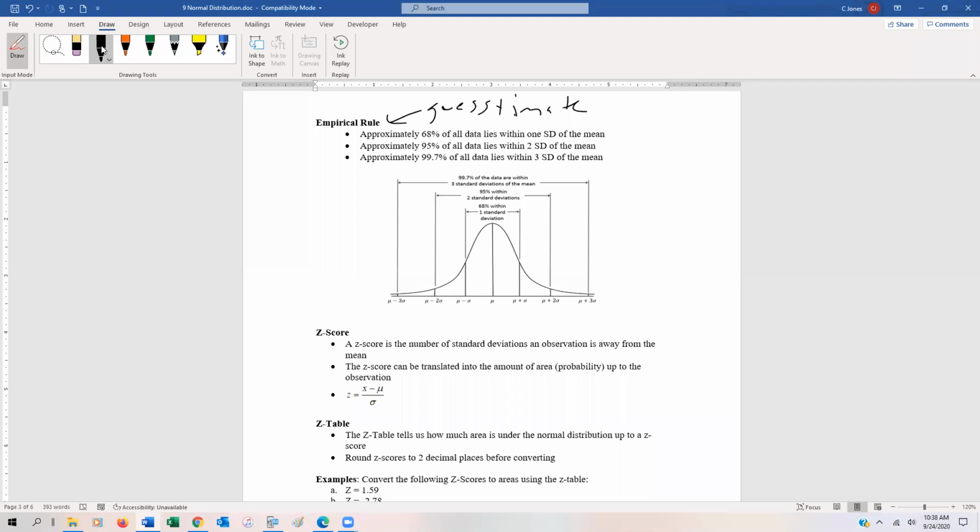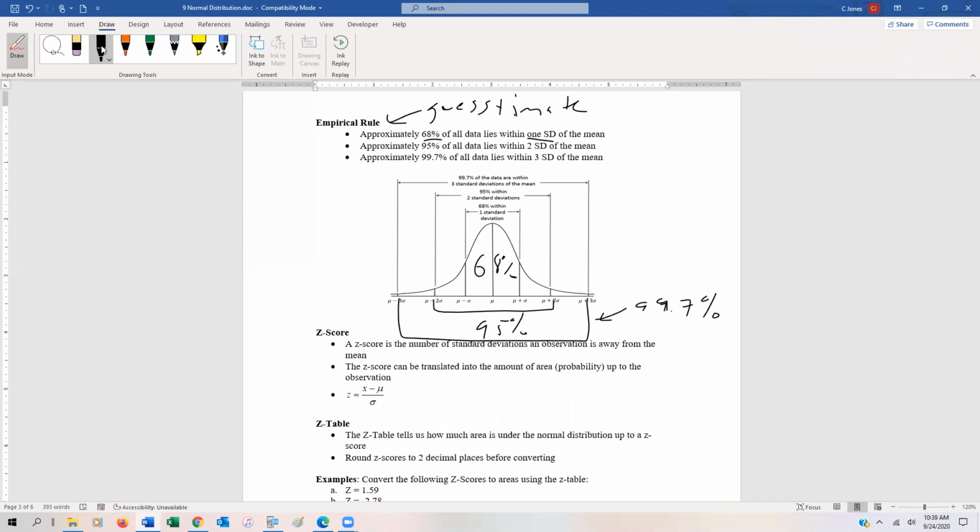What we say is that approximately 68% of the data lies within one standard deviation of the mean. So right here would be 68%. And then 95% of the data would be within two standard deviations of the mean. And then finally, from here to here, that would be 99.7% of the data.